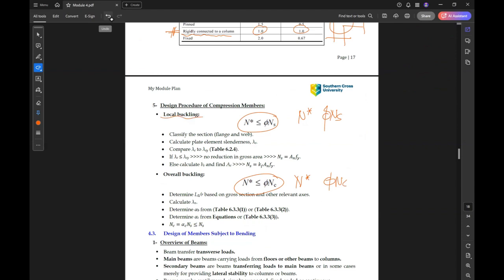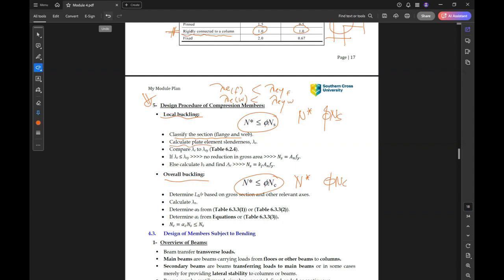This is the local buckling criterion and this is the overall buckling criterion. The first step is to classify the section, flange and web. We need to find lambda e for the flange and for the web, and compare to lambda ey for the flange and for the web.